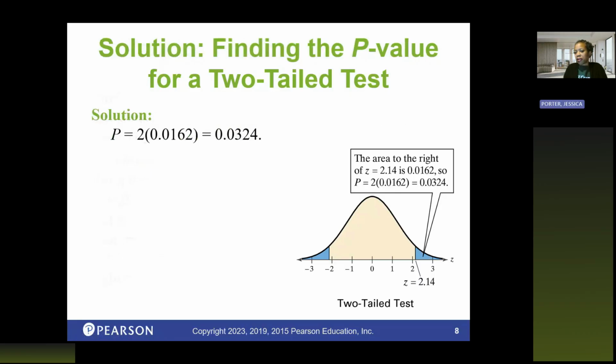Reject or fail to reject the null hypothesis? Alpha equals 0.05, and this is your p-value. Do we reject or fail to reject?